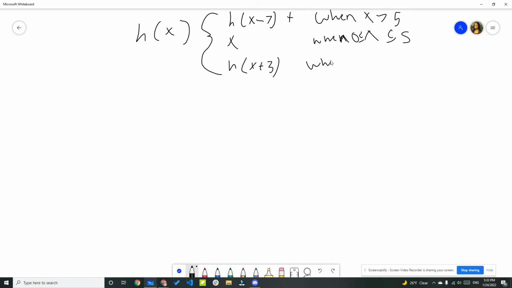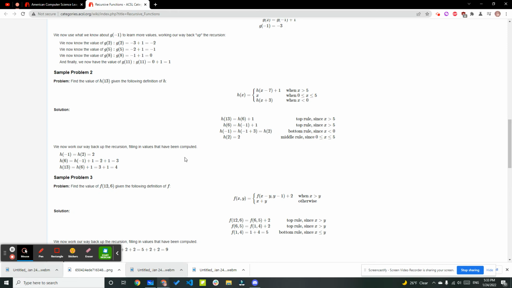Now we wrote down the rule, and it should be easier to do.